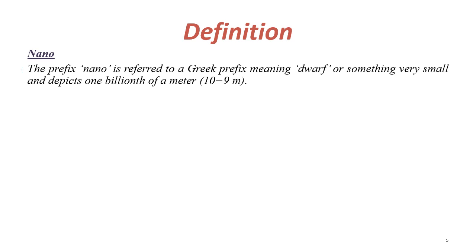So nano is a Greek prefix meaning dwarf or something very small. Nano depicts technically 1/1000th of a meter. When you are going to measure it, it will be a scale of a billionth of a meter, means 10 to the power minus 9 of a meter.